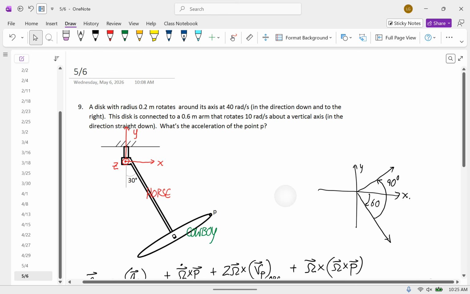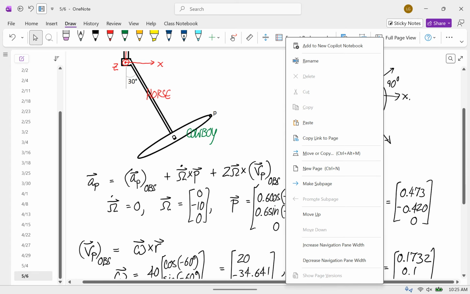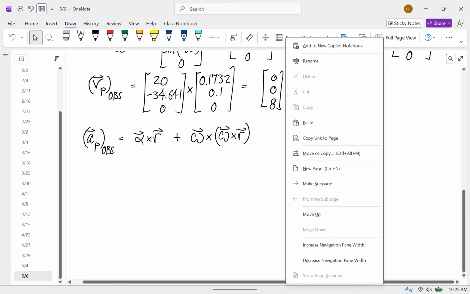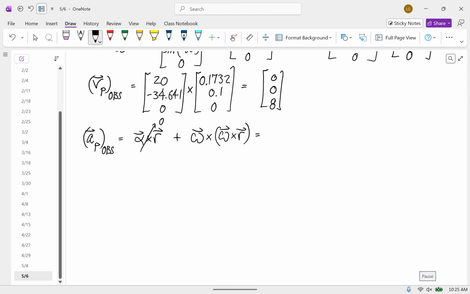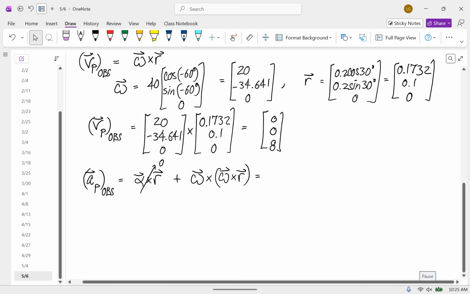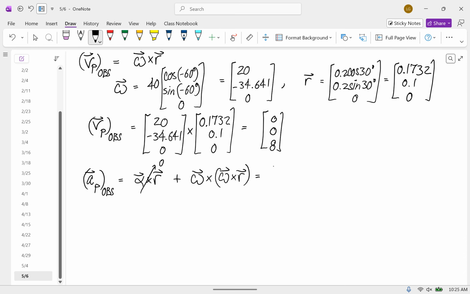This disk has no angular acceleration, so this part is equal to 0. Our omega we got is 0, 0, negative 34.641, and our omega cross r we've already calculated as 0, 0, 8.